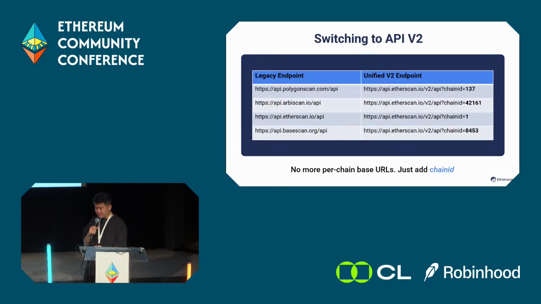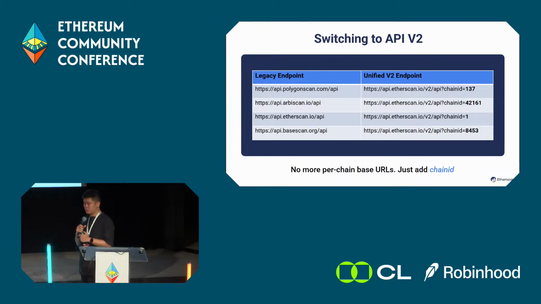Before this, whenever you wanted to get data from a particular network, you would have to know the explorer URL. You would have to know that we support a particular network with that URL as well. But now, using Etherscan API v2, you just put in the chain ID.